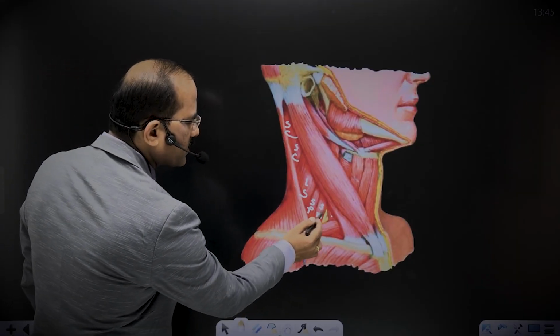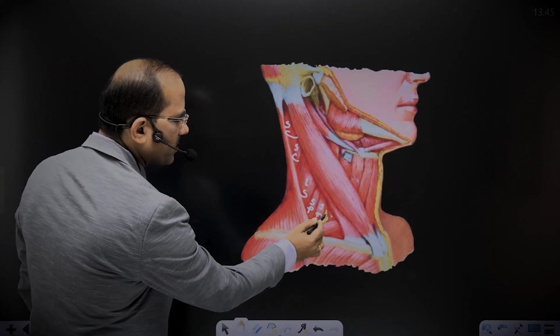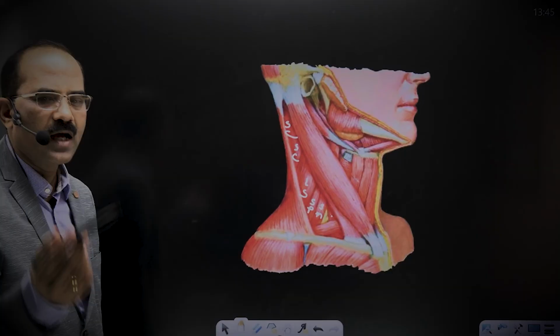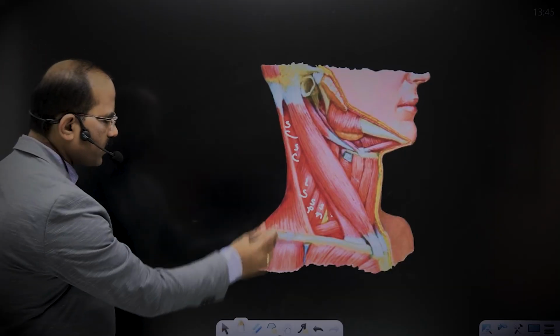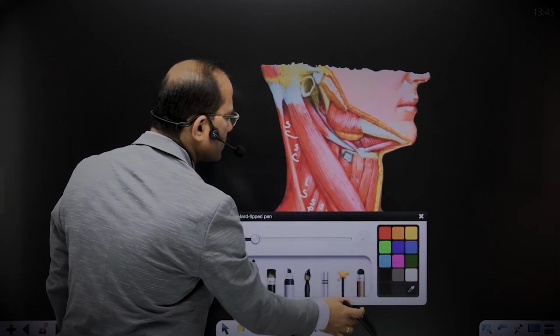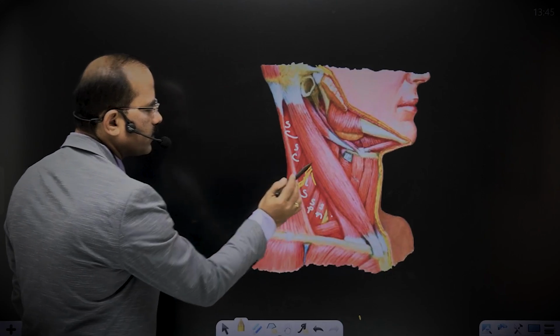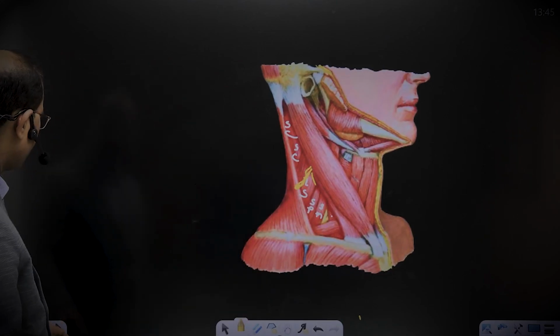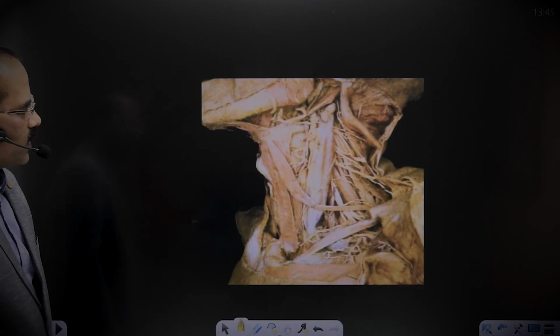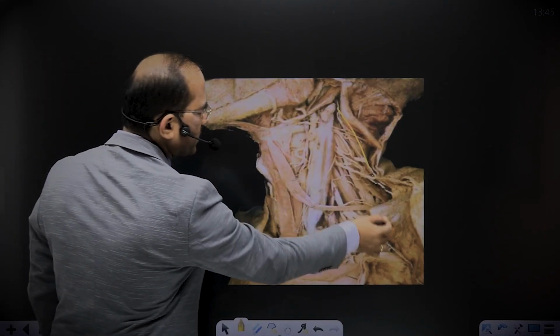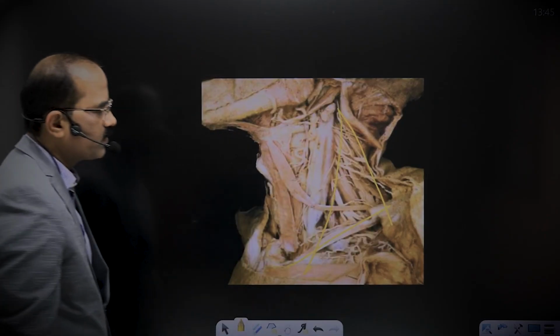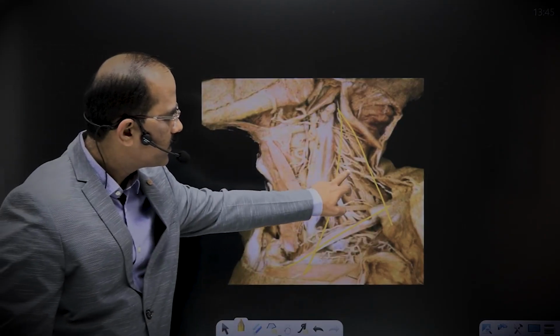Between the scalenus anterior and medius, that's the brachial plexus, and there would be the subclavian artery also. On this levator scapulae would lie a nerve. What is this nerve here? The spinal accessory nerve. Clear to all of you? So this is the posterior triangle of the neck. That's the spinal accessory nerve, which is seen here.